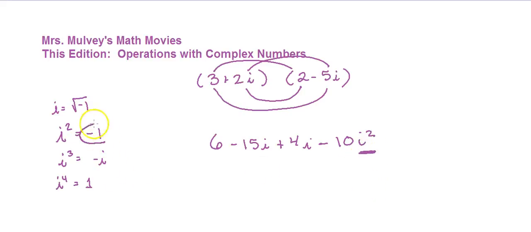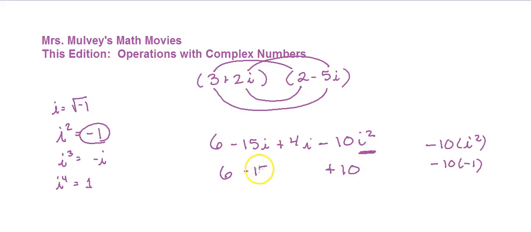can be replaced with negative 1. So instead of negative 10 times i squared, we've got negative 10 times negative 1, and that becomes plus 10. So what I really have here is 6 minus 15i plus 4i plus 10.